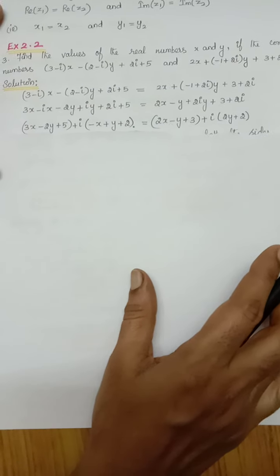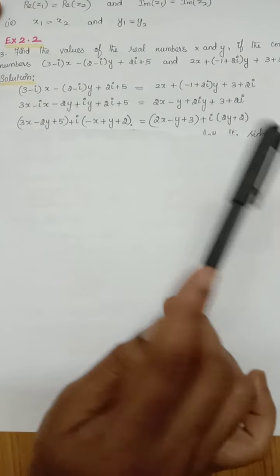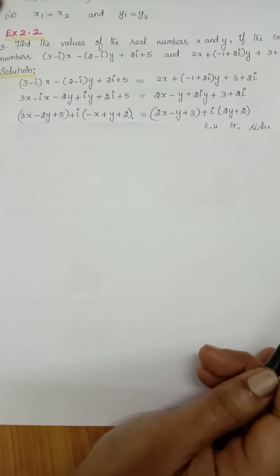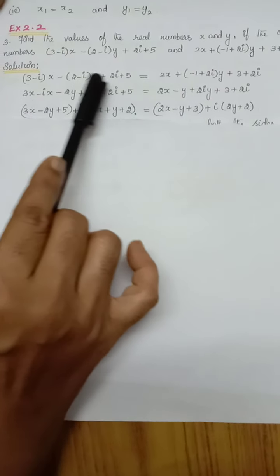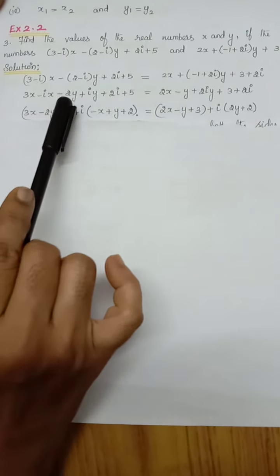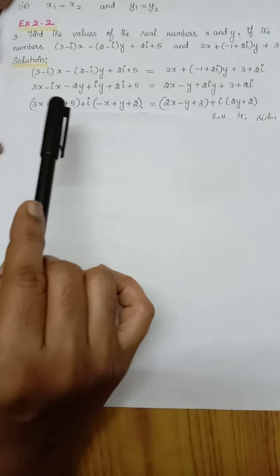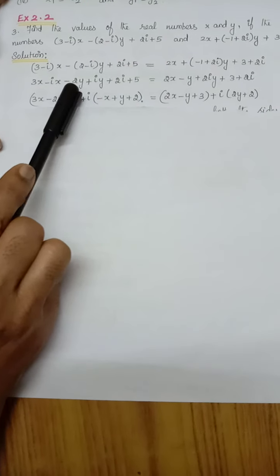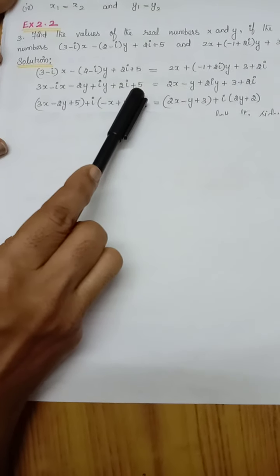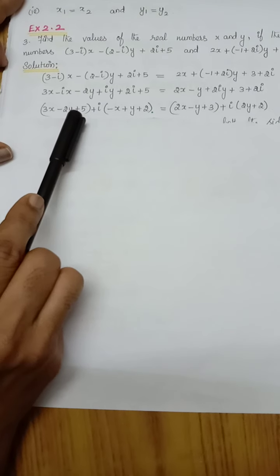But when the complex numbers are equal, the real parts and the imaginary parts have to be equalized. So I have to find the real part of the left side complex number. Real part means you have to collect the terms which do not have i. Look here: 3x, the next one minus 2y, and the next is 5.